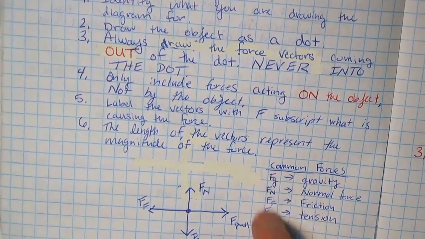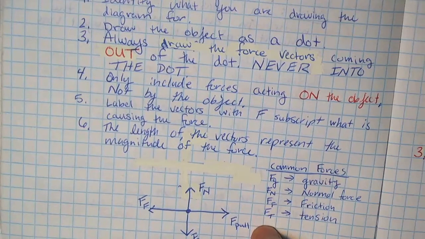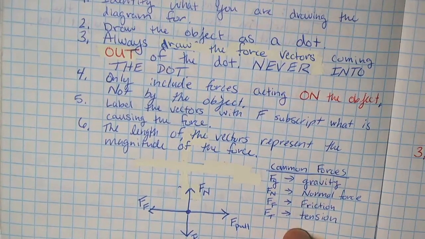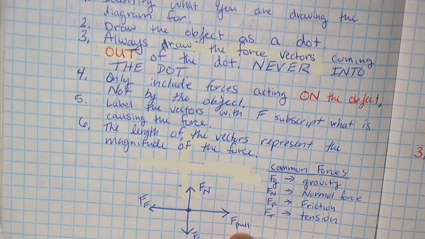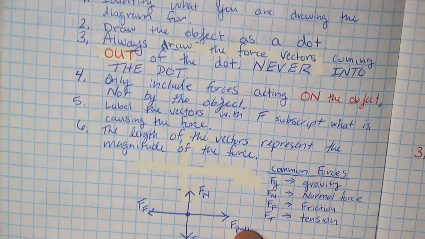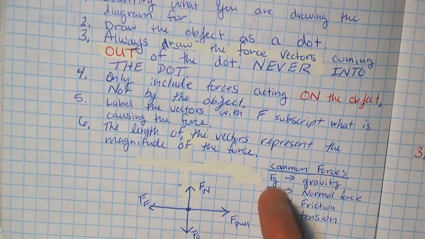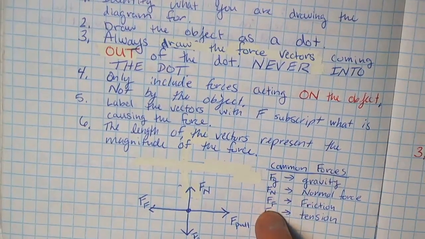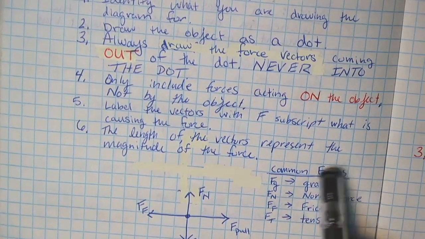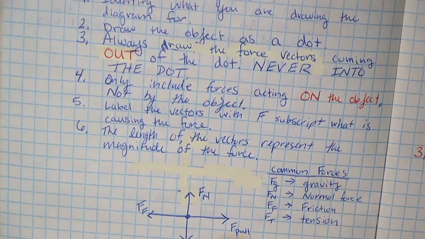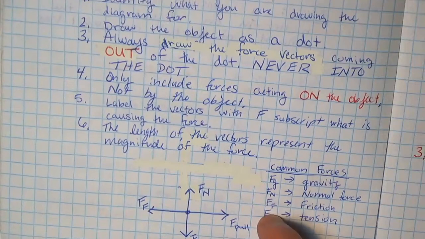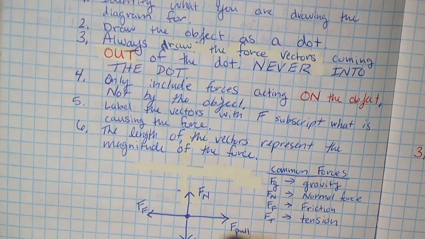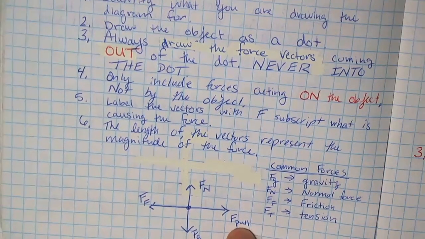If you have something that doesn't fit one of those, you could label it as F push, if it was, for example, from the person, or F pull. I wrote pull, that's weird, I should have written push. You can have vectors other than these ones; you just have to label them something else.